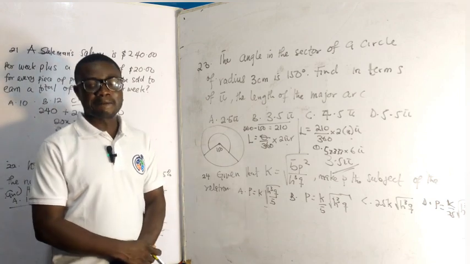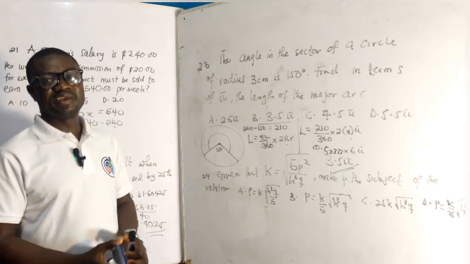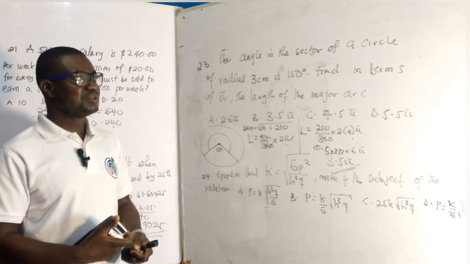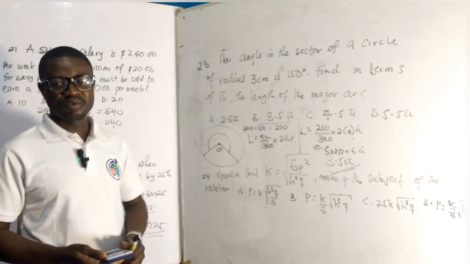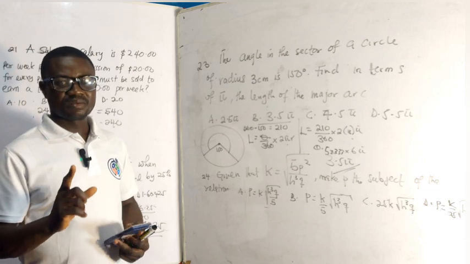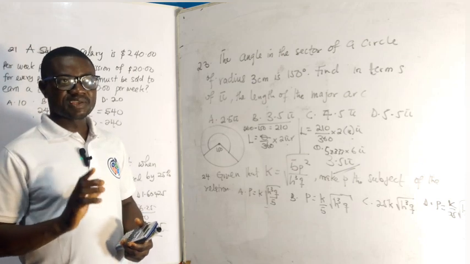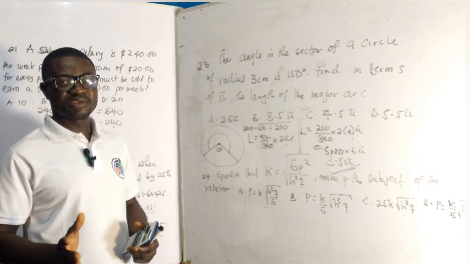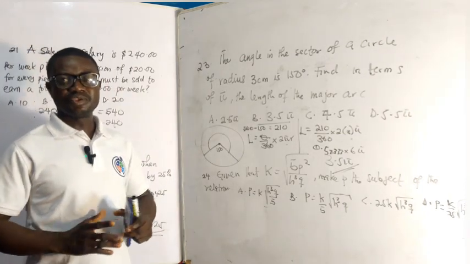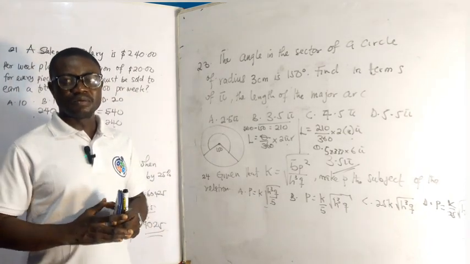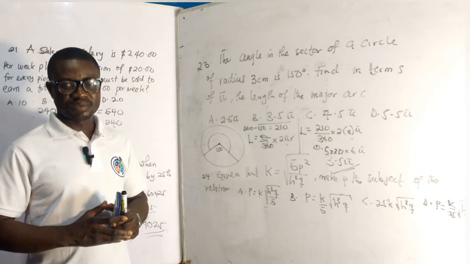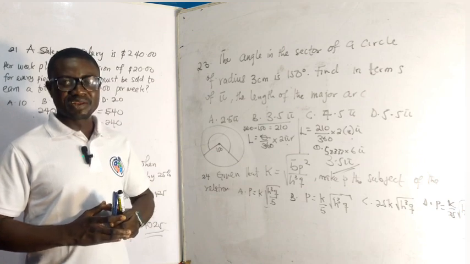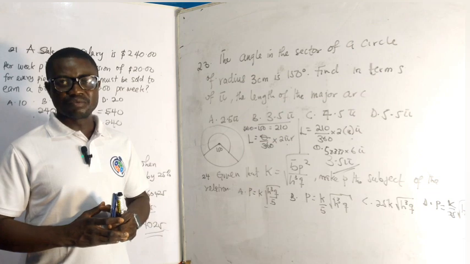Now the update. For WASSCE currently, one of the areas that have been dropping that you should note is circles. The circle theorem has two aspects: the one under coordinate geometry and the one under mensuration. So you should know what a sector and segment are, how to find the length of an arc, and how to find the area of a circle.